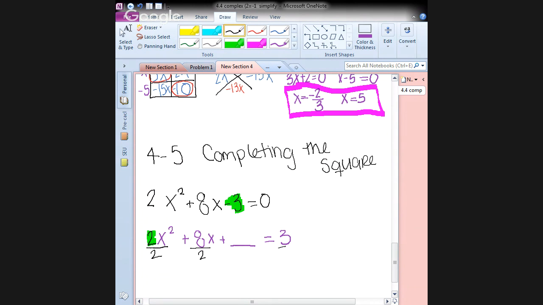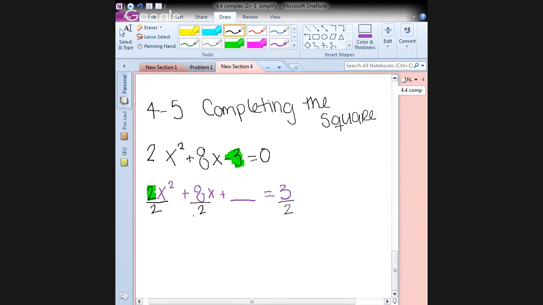I'm left with x squared plus 4x plus my number that I'm looking for is equal to 3/2. If you feel more comfortable, you can change that 3/2 to a decimal, 1.5.